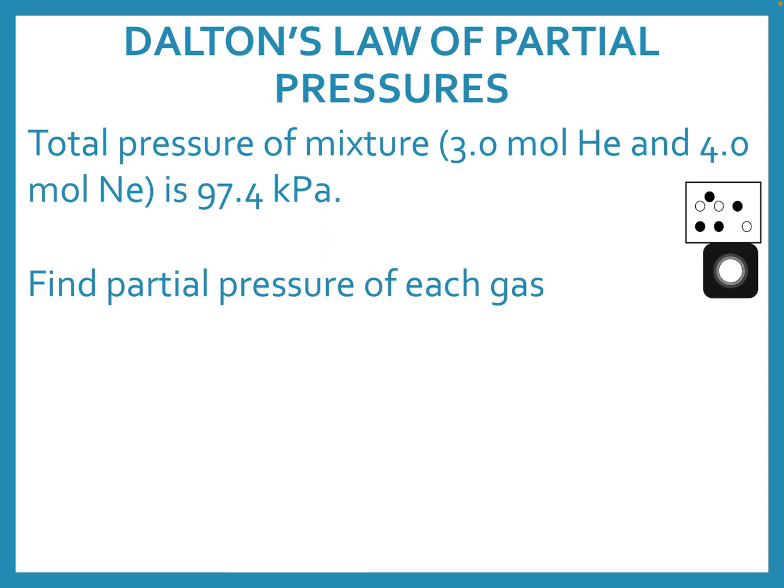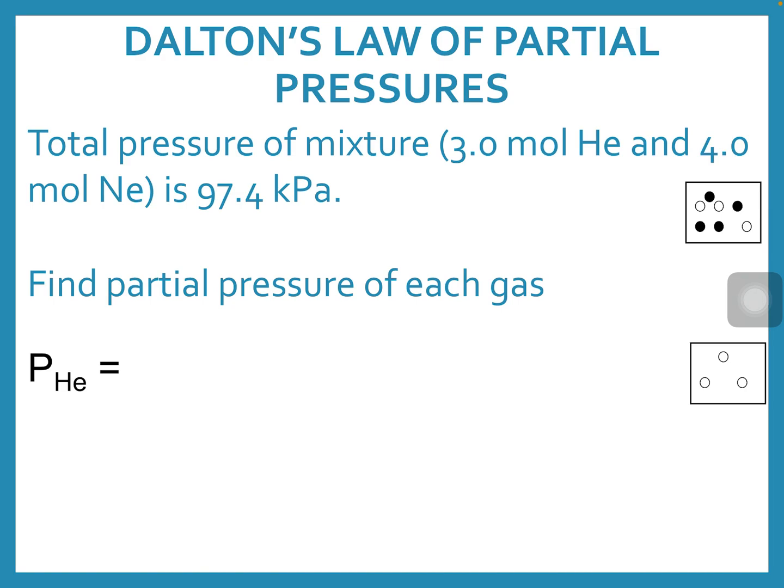And that is made up of 3 moles of helium and 4 moles of neon. So to calculate the partial pressure would be if I only had helium in there and if I only had neon. So what would be the partial pressure of helium and what would be the partial pressure of neon?